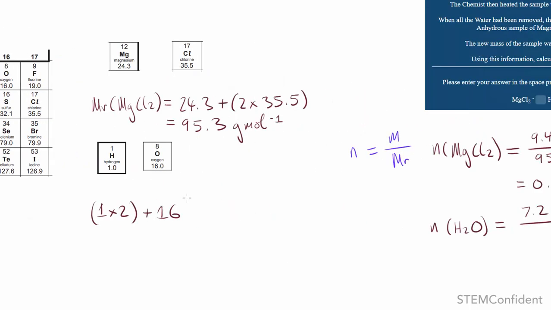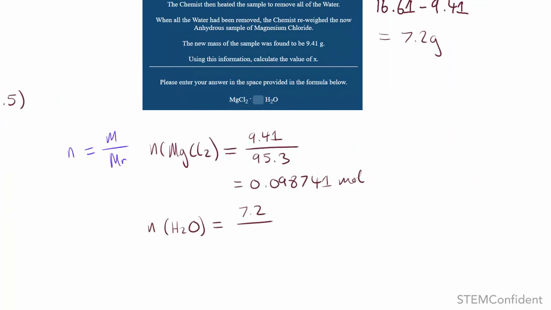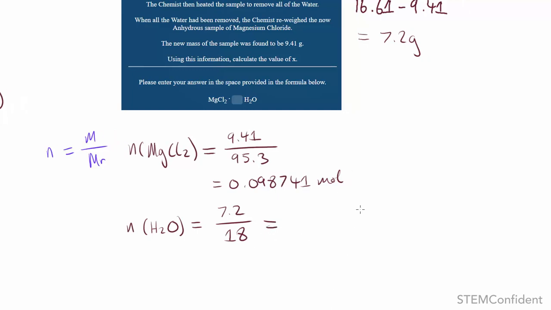And that's going to give you, of course, 18, right? And that's going to be in grams per mole. So that's going to be 18 here, right? Okay, so that's going to give you 0.4 moles.